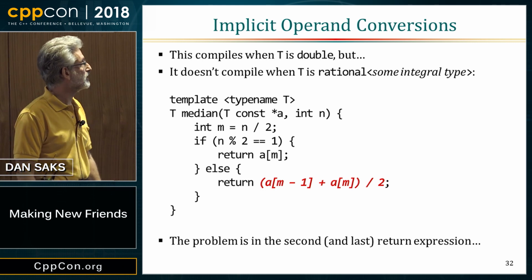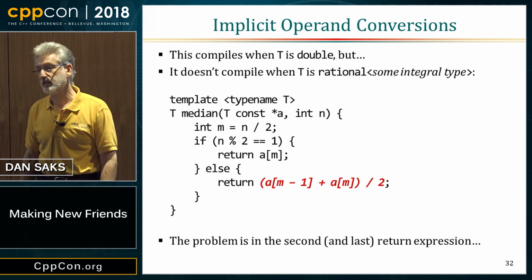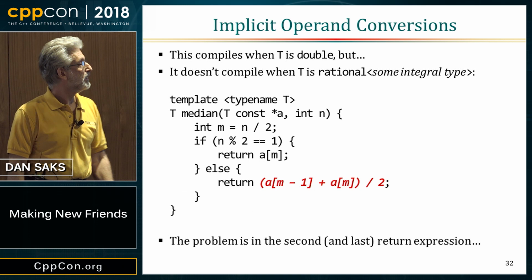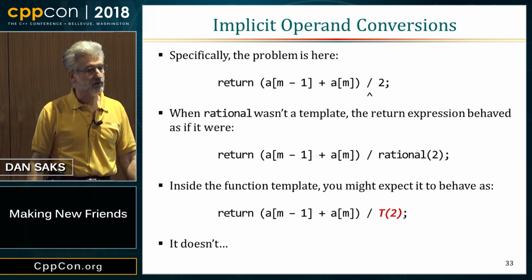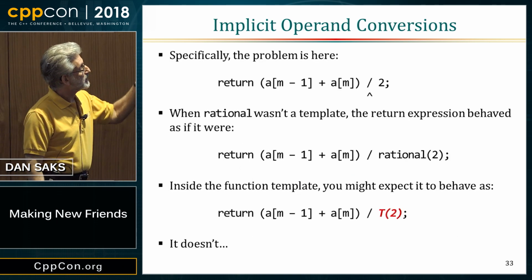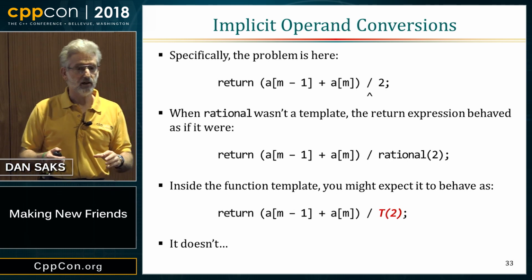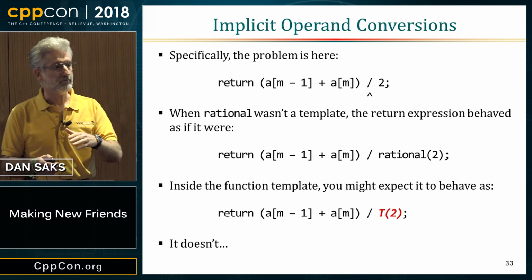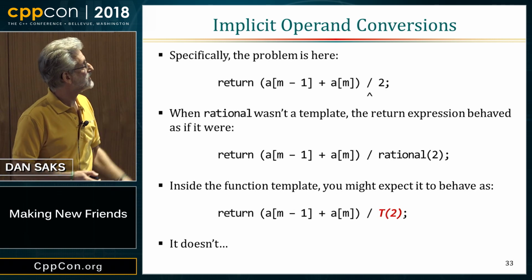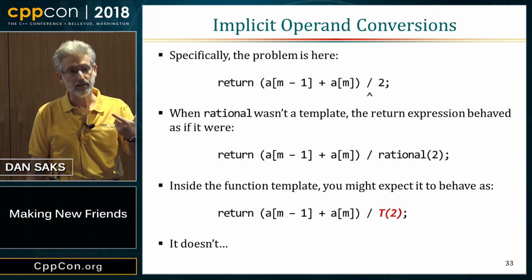The compiler is unable to recognize what's going on. Here are the details. In the case of this expression, we have two objects of the same type, essentially a sub m minus 1 and a sub added together.